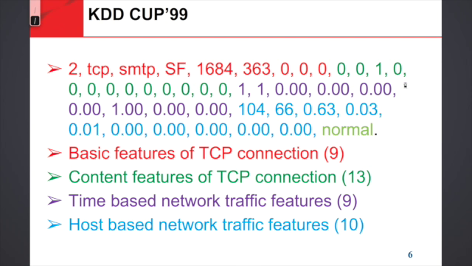The green part is the content features of the TCP connection, like the bytes sent to and from the hosts. The purple ones are the time-based network traffic features, like how many times it has attempted to log in, or how many files the guest created in the last 2 minutes.